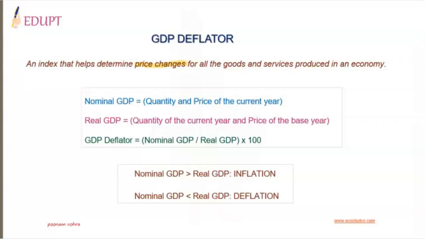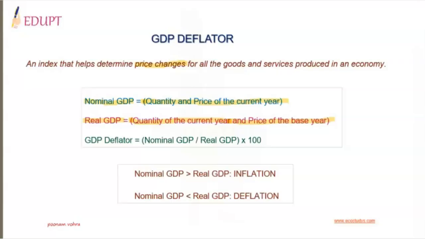It is important because it helps economists compare the nominal GDP with the real GDP, where nominal GDP is estimated by taking into account quantity of goods and services produced and their prices that prevail in the current year, whereas real GDP is estimated by taking into account quantity of goods and services produced in the current year and the prices of those goods and services that prevail in the base year, implying comparing the same production at different price levels.